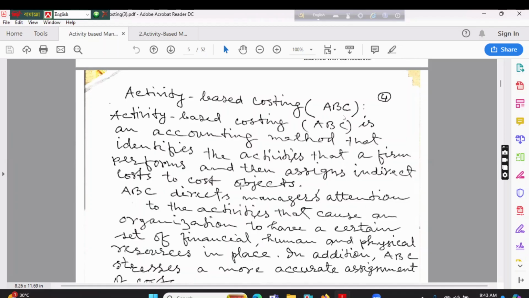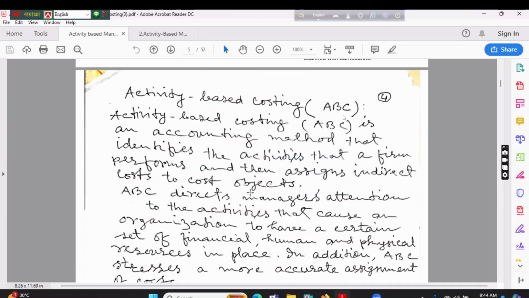So activity-based costing is an accounting method that identifies the activities that a firm performs and then assigns indirect cost to cost objects.